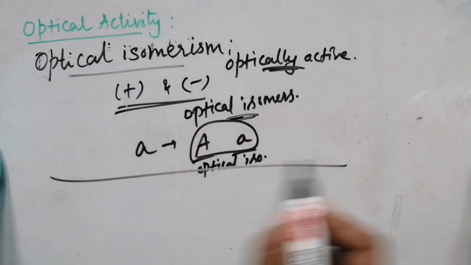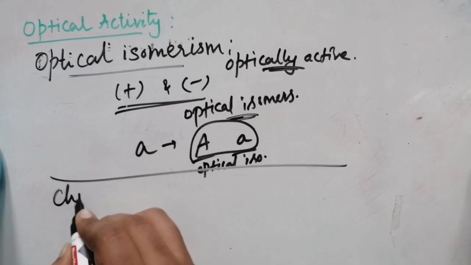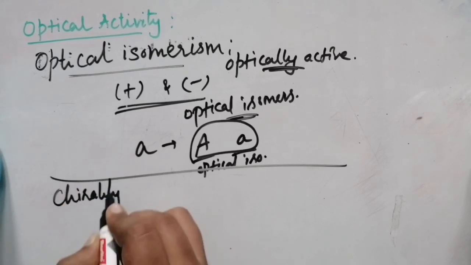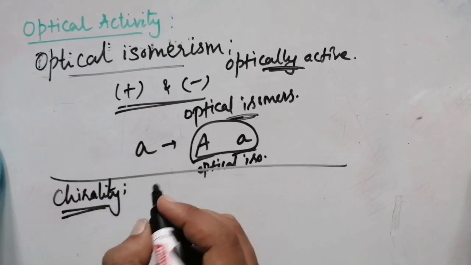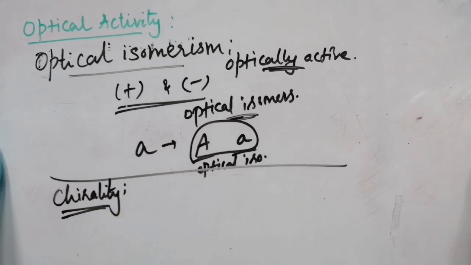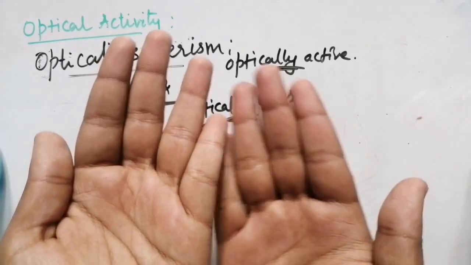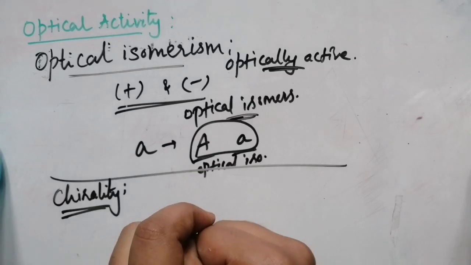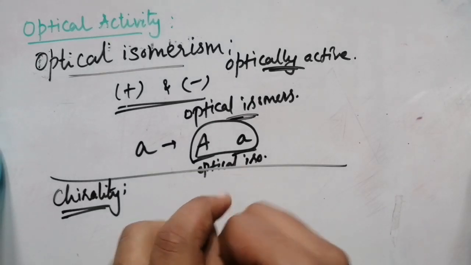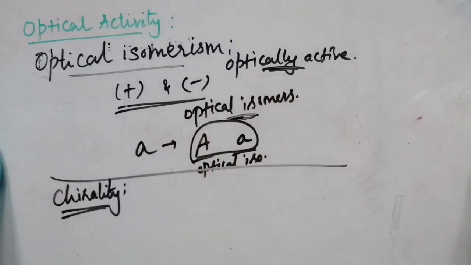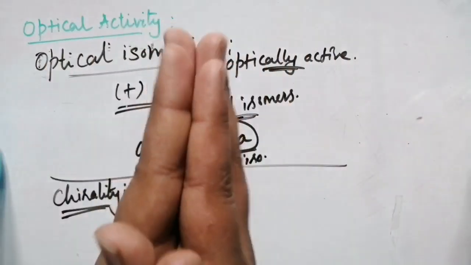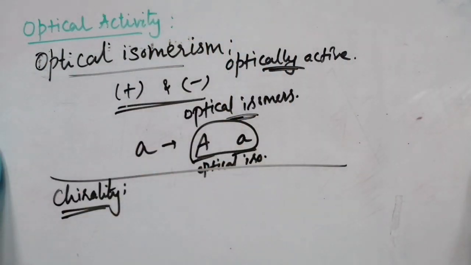The next definition to be learnt is chirality. A simple small example is our hands. Objects or molecules which are non-superimposable are called chiral molecules.